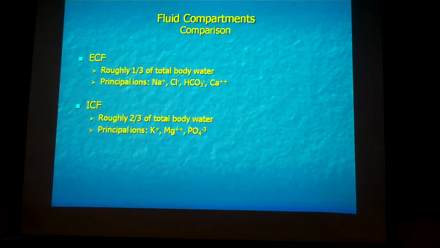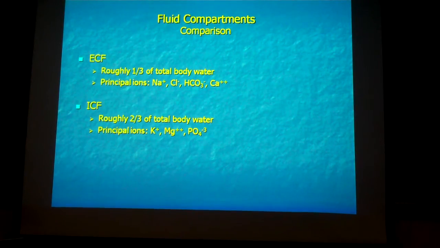Now, within these two compartments, the principal ions are different. In extracellular fluid, the principal ions are sodium, chloride, bicarbonate, and calcium. In intracellular fluid, the primary ions are potassium, magnesium, and phosphate.